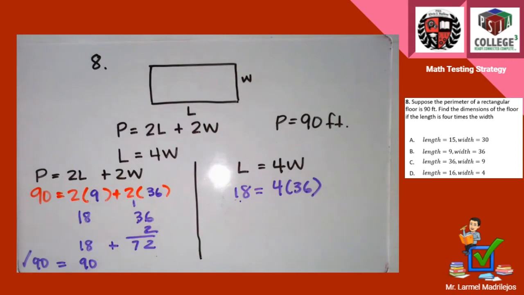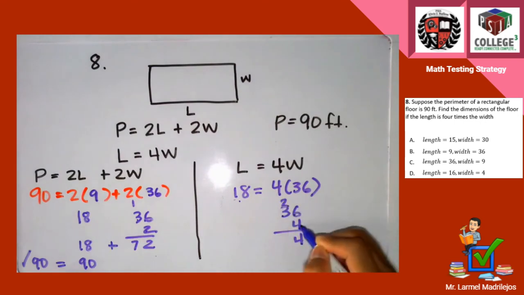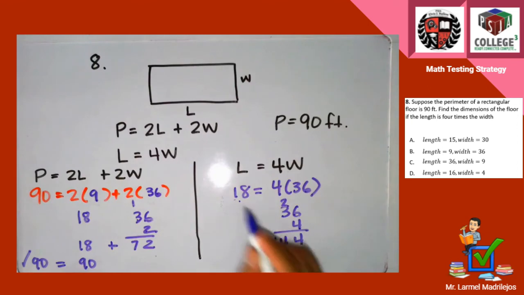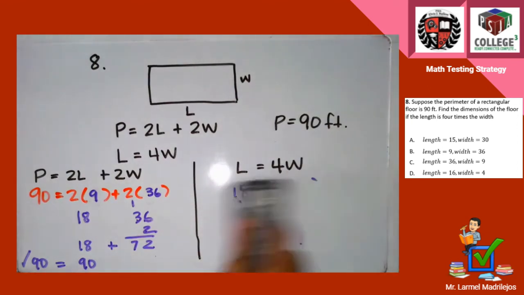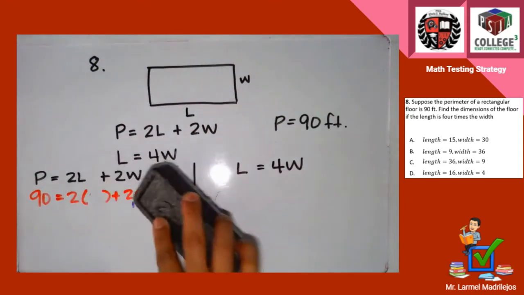That's the question. So 36 times 4, this is 4, carry 2, this is 12 plus 2, it's 144. It's not equal to 18. So it's not letter B.